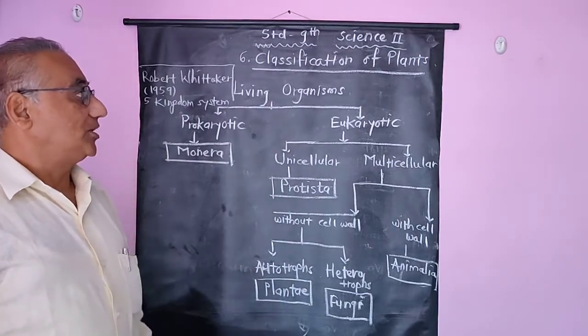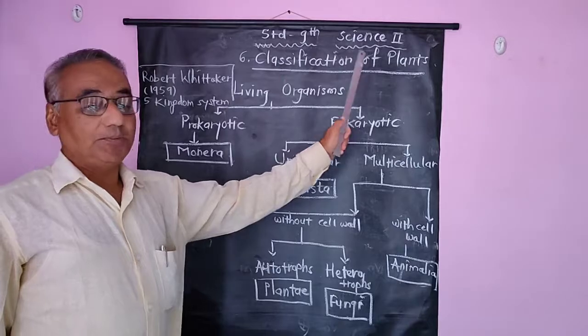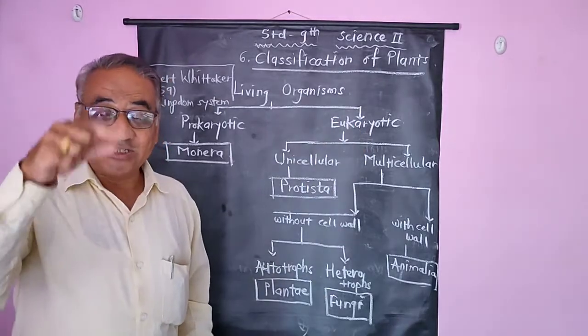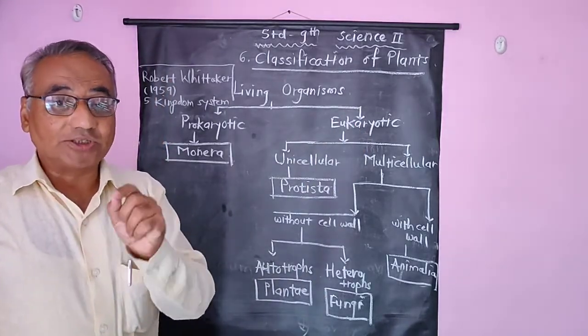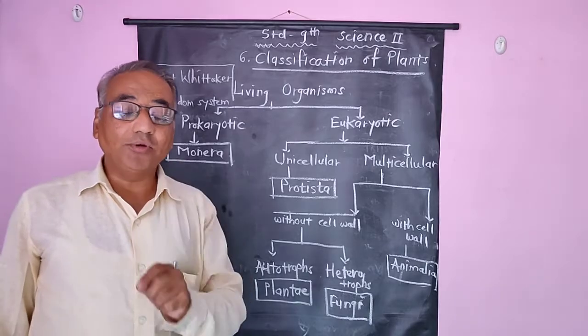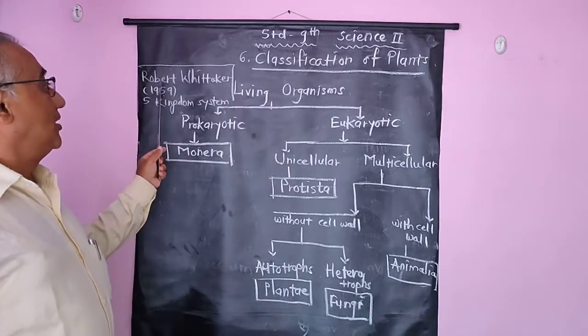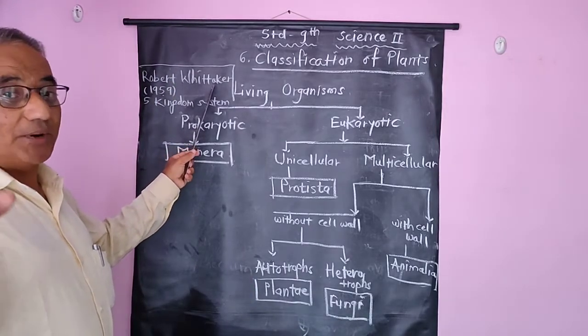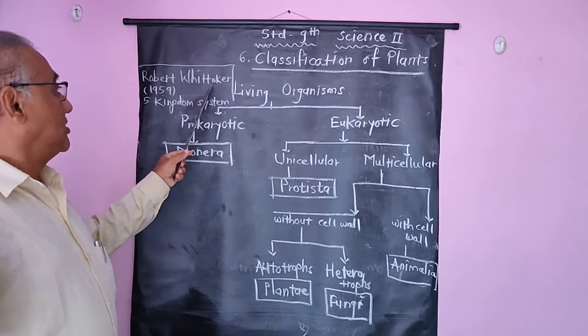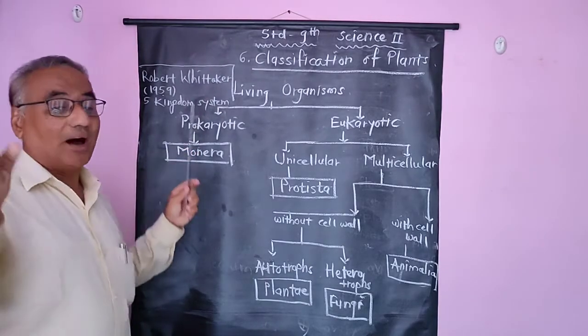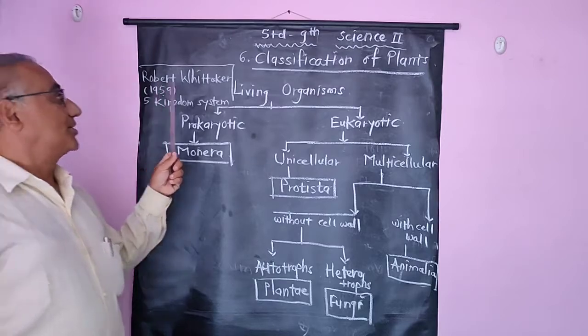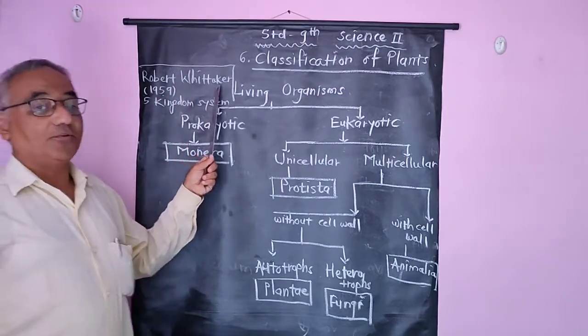Now before going to see the actual classification of plants, in standard 8 we studied the 5 kingdom system, which was given to us by a scientist. The name of that scientist is Robert Whittaker.